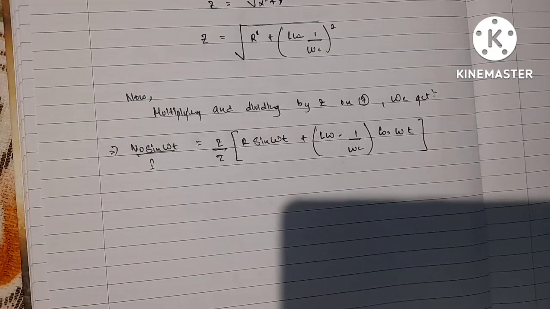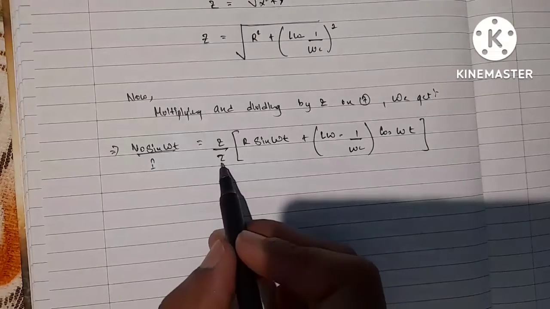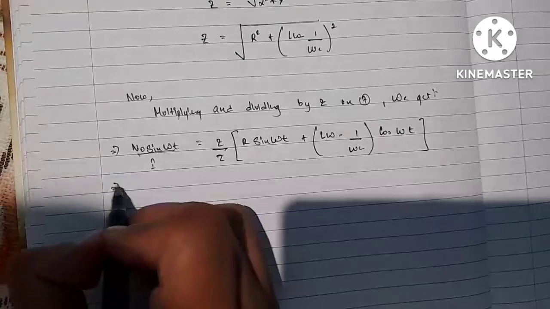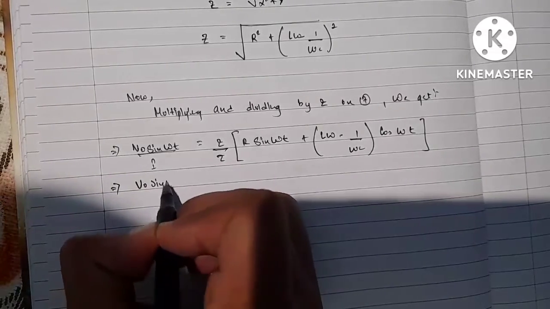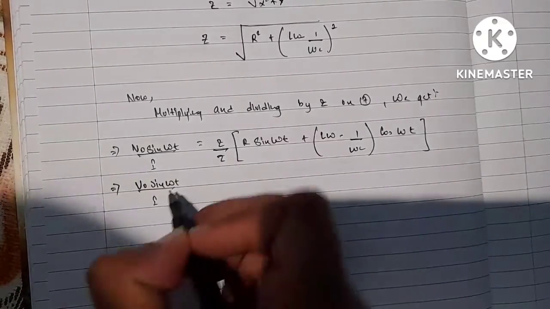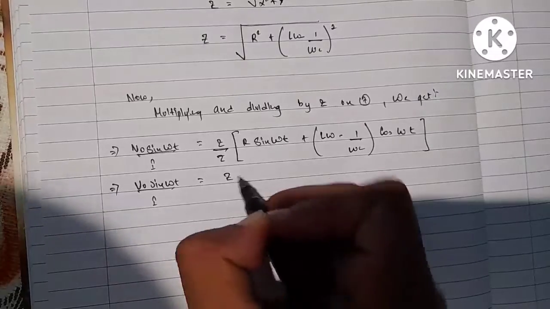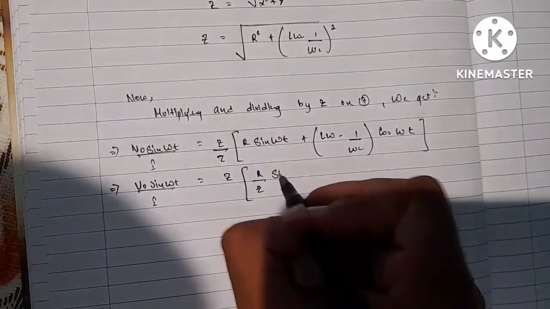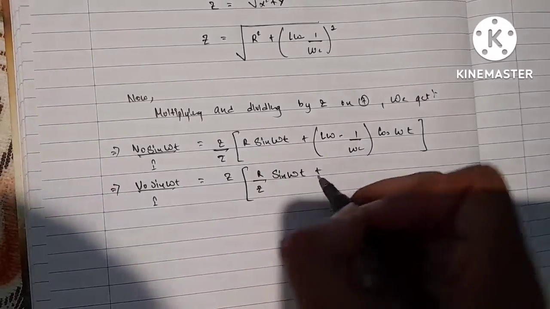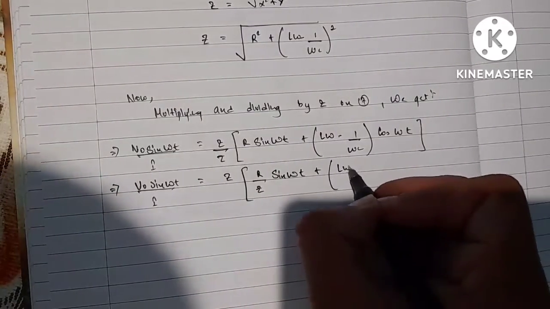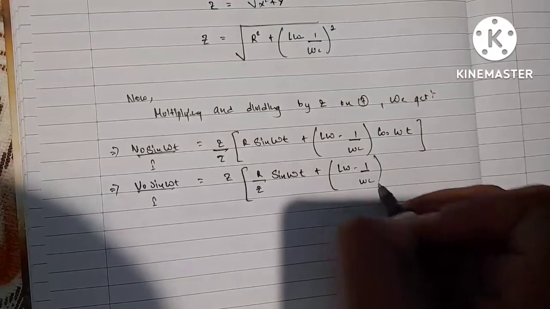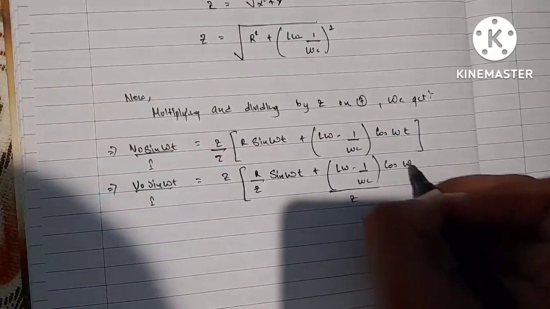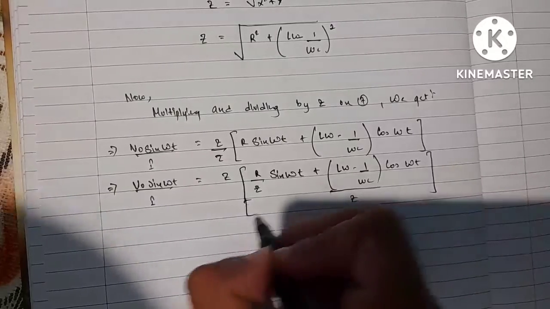Now what we do is take this Z inside the bracket. So V naught sin omega t by I equals Z times (R by Z sin omega t plus (L omega minus 1 by omega C) divided by Z cos omega t).